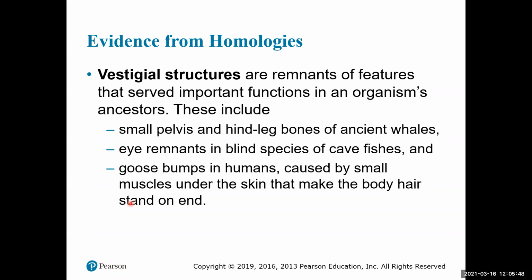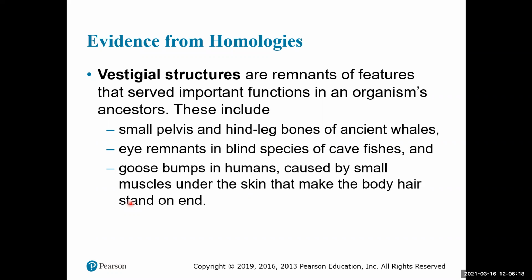Another example is our appendix. It doesn't really have a use in humans, although more research is showing that maybe that's not necessarily the case. But based off of current theory and knowledge, the appendix is a vestigial structure that's not really used in humans, but was used in our ancestors. Another example is the pelvic girdle in snakes.